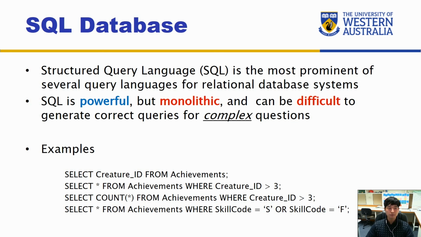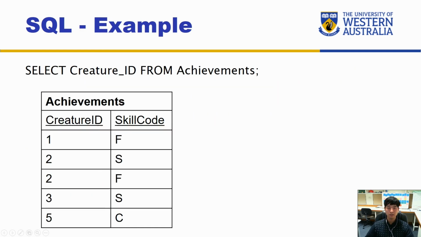Basically, they are powerful but monolithic, and it can be difficult to generate correct queries for complex questions. So for example, we can select creature ID from achievements and so forth. So we're going to have a look at that as an example. Okay, so select creature ID from achievements.